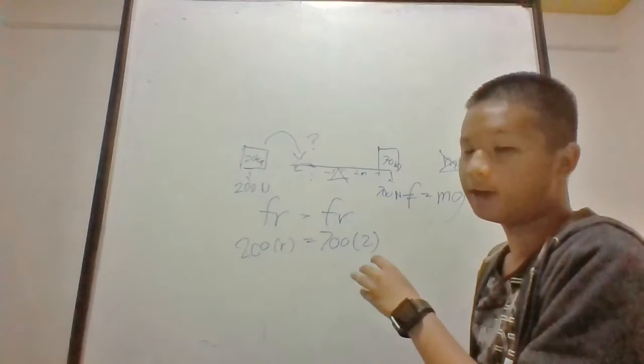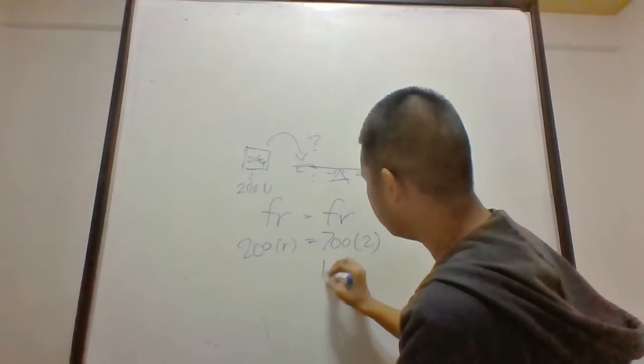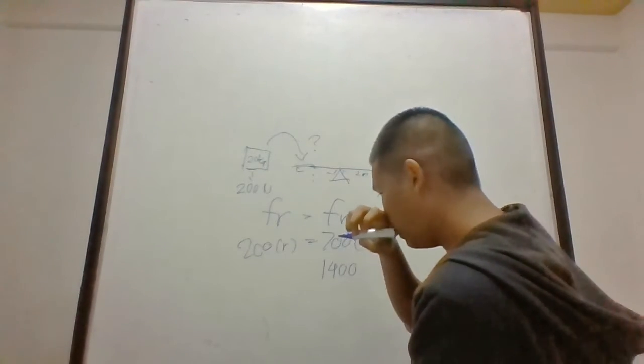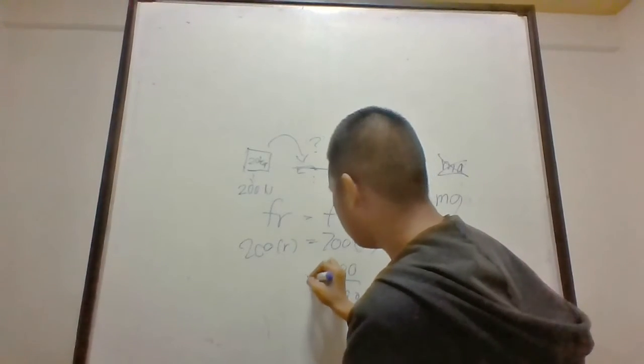So now we find the equation. If I did this right, this would be 1,400 divided by 200.